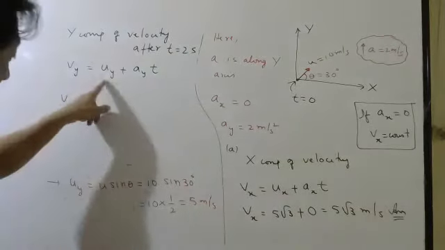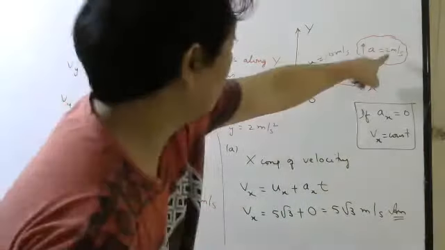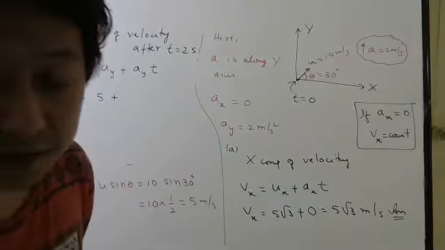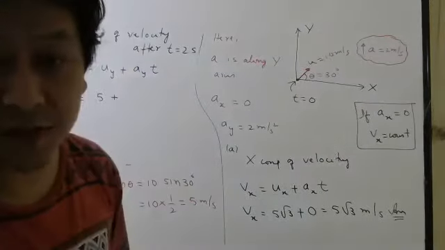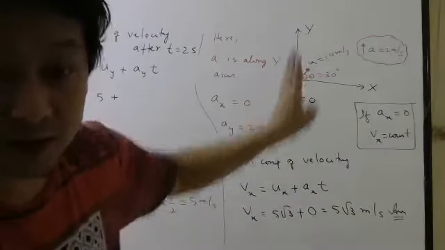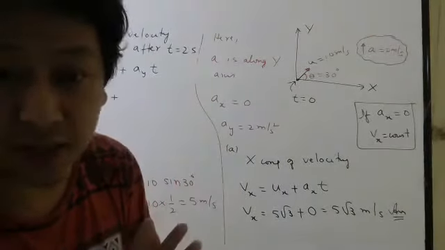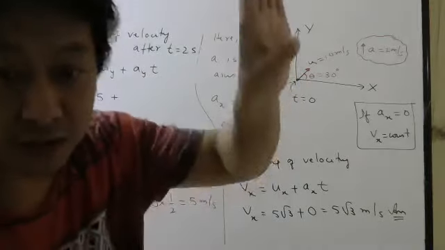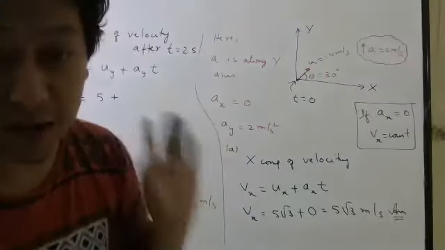What was Uy? 5. Acceleration is given 2. Now be careful about one thing. Acceleration is along which axis? Please write down first. First complete the problem. Along y-axis. Positive y or negative y? They have not said anything. Negative y they did not say. So we have to consider positive y. Therefore, you must write +2. Don't write -2.